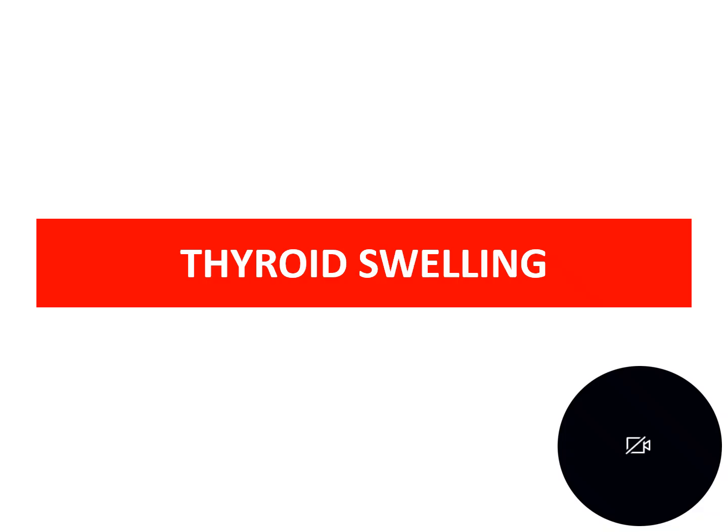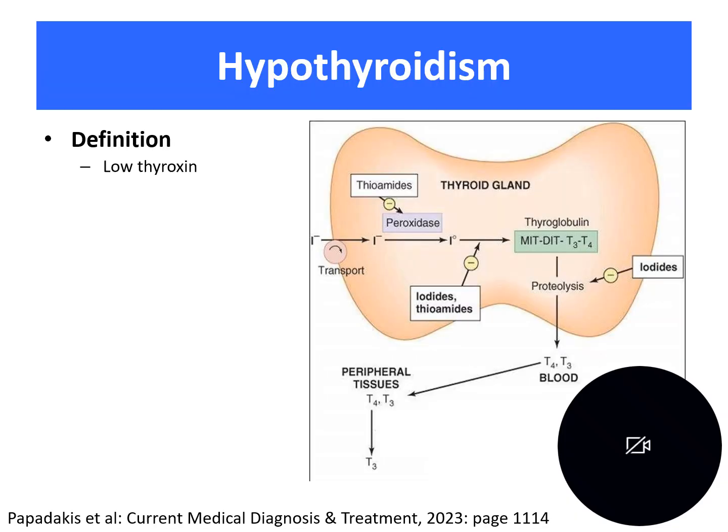Next would be thyroid swelling, and there are 3 important diseases that we're going to go through. The first, which is probably the more common one, is hypothyroidism, otherwise known as myxedema in the adult. Hypothyroidism is defined as having a situation where your thyroxine level is low.